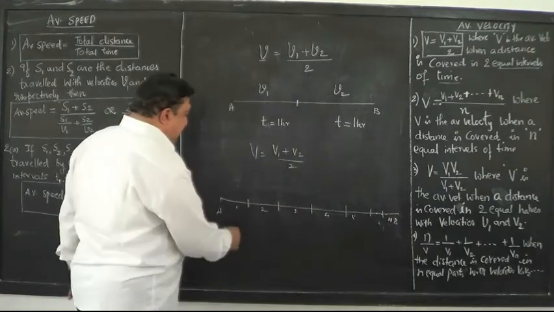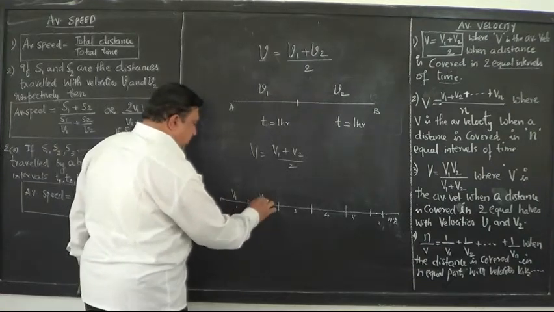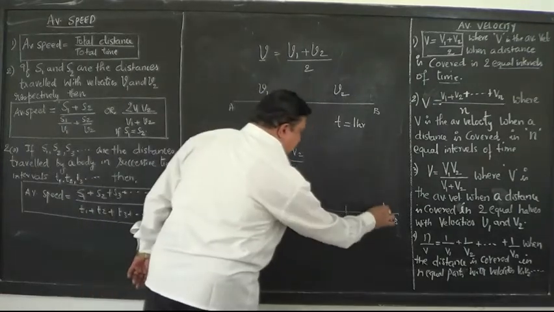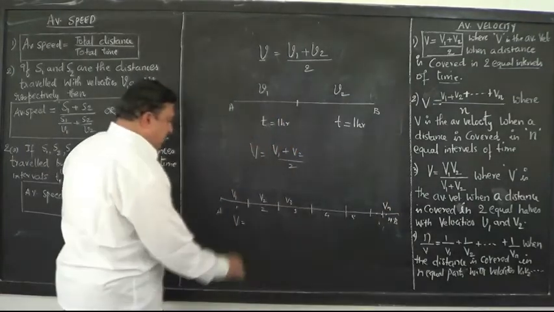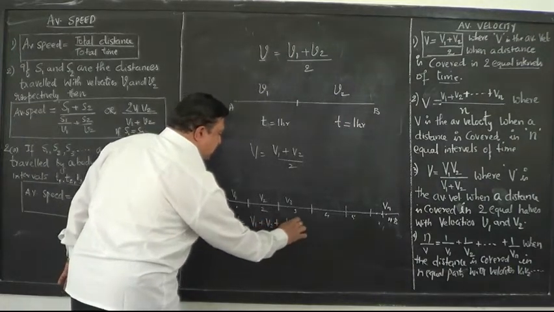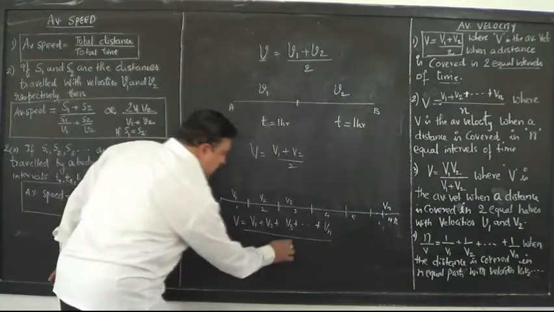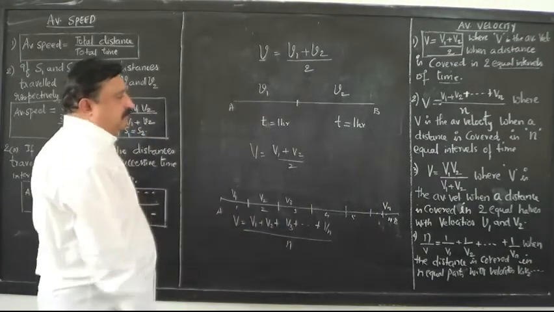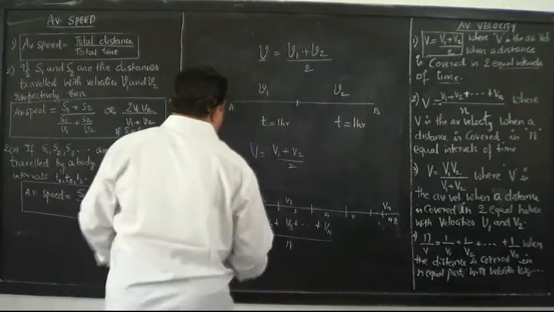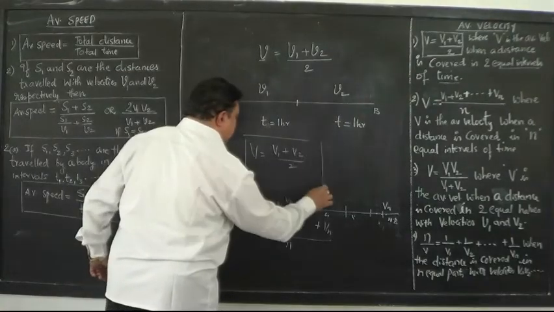Then what is the average velocity in this case? V1 is the velocity of the first interval, V2 is the velocity of the second interval, and similarly Vn is the velocity for the last interval. Then V is equal to (V1 + V2 + V3 + etc. till the nth interval) divided by n intervals. So here we come across two basic formulas for average velocities.